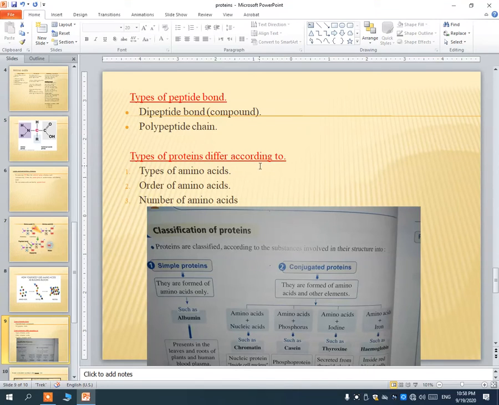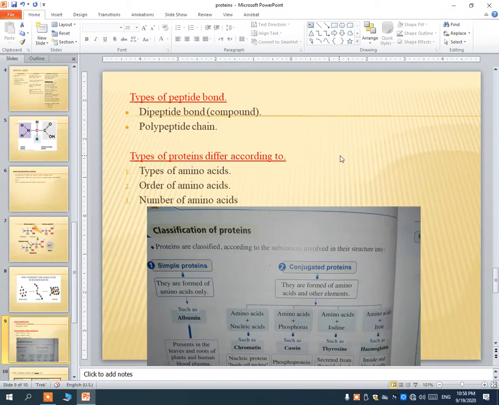Types of protein. Protein differs according to the type of amino acids, the order of amino acids, and the number of amino acids. As we said, we have 20 types of amino acids, but millions of types of protein. How? Because each protein has different types of amino acids in its structure, a different order of amino acids, and also a different number.